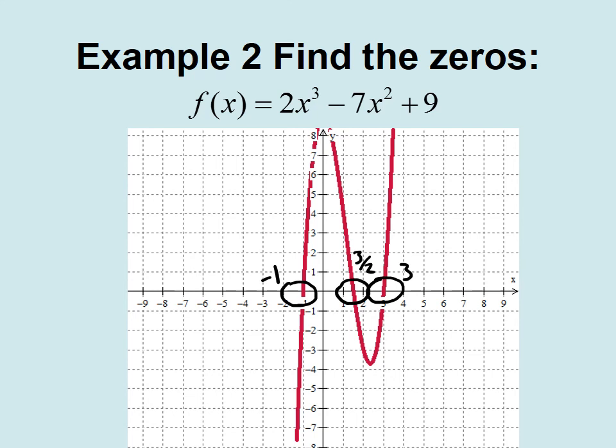Now, you might be thinking, why can't I always just graph it, look at where it crosses the x-axis, and know my solutions? Well, in this case, it does help us out a little bit that it goes exactly through negative 1 and 3 and 3/2. That's not always the case. If my graph was to go through somewhere over here, I don't know where that's going through. So I have to use this process to find exactly where my zeros are.